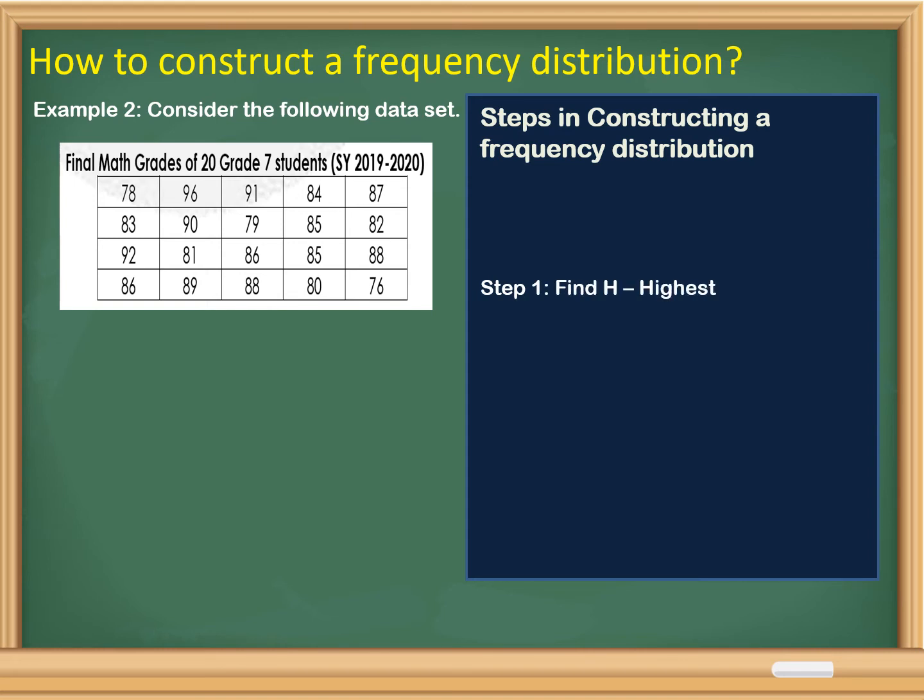Step 1, find H, which is the highest score, and L, which is the lowest score. So based on the given set of data, 96 is the highest score, or the highest value, and the lowest value is 76.